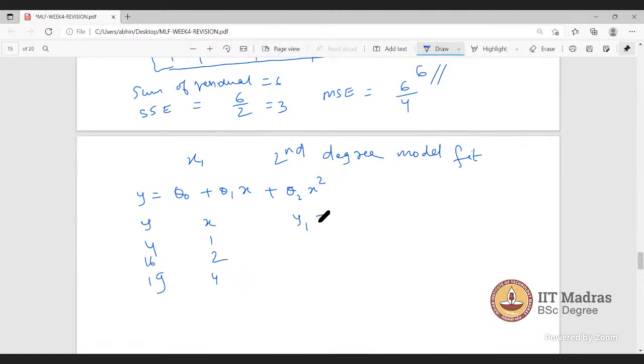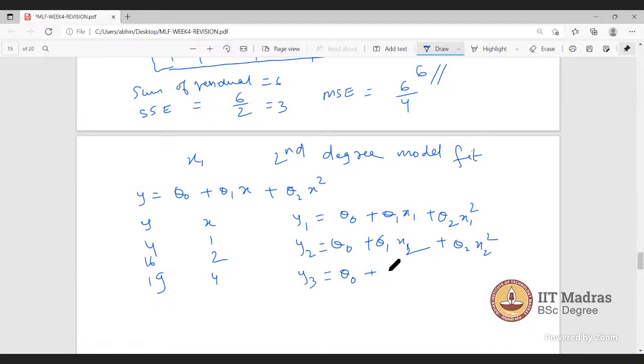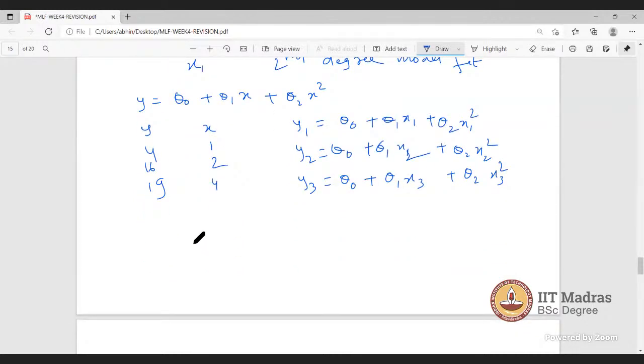Then I can write y1, similarly y2, where y1, y2, y3 are the given values and x1, x2, x3 are the given values. So I can write this equation simply like this.